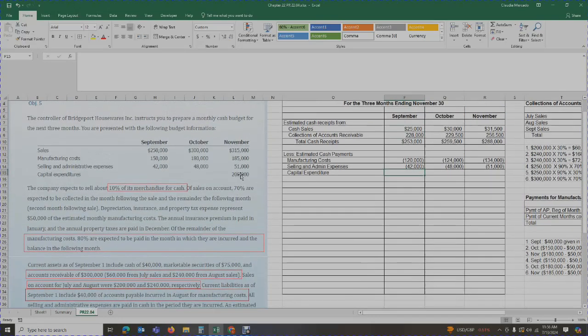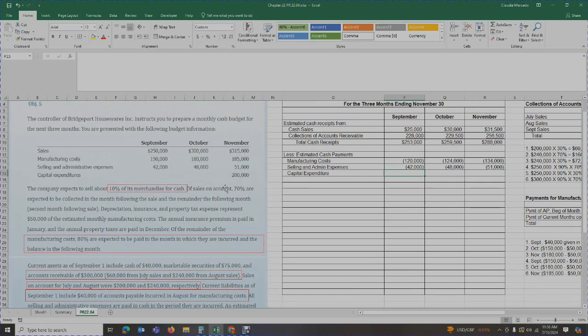It's right here. Capital expenditures, $200,000. It's right there in front of you. Capital expenditures happen in November, $200,000. So we have to put it in the November section. 200,000. So we have it right there.